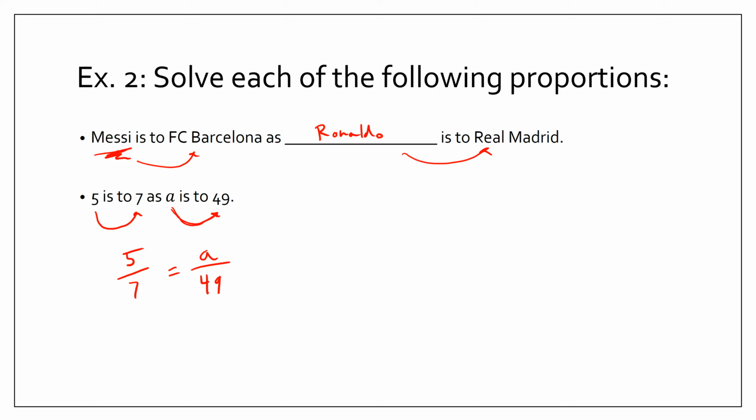Just like with the words, Messi is Barcelona's best player, Ronaldo is Real Madrid's best player. Here, I have this ratio, 5 is to 7, and it's going to have the same rate as A is to 49. So I can write it like an equation, and this is called a proportion because it is 2 ratios set equal to each other. Now there are a couple different ways of solving this problem.